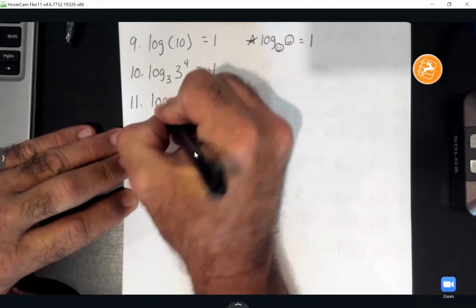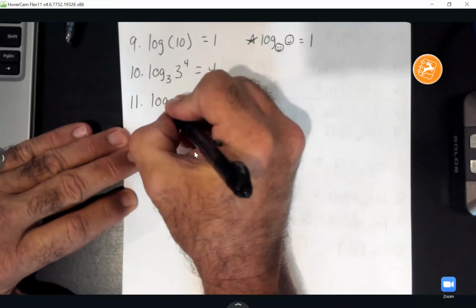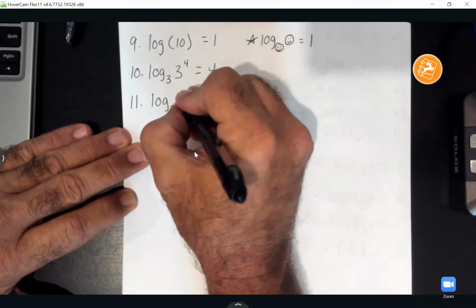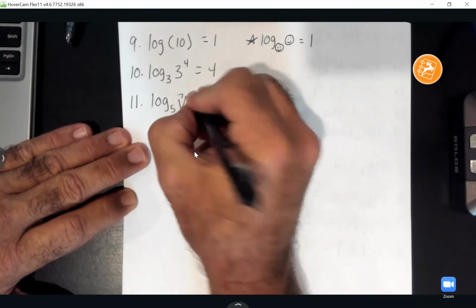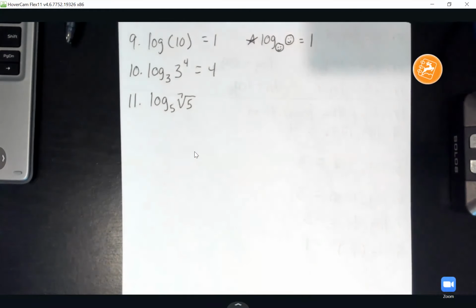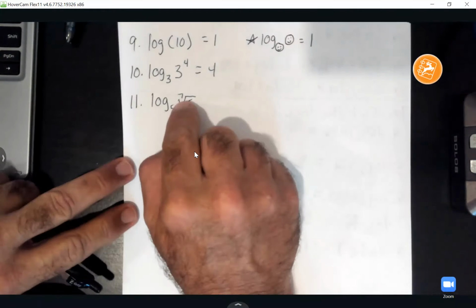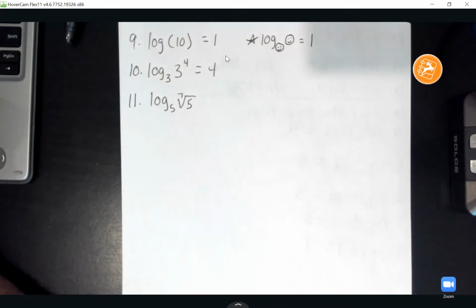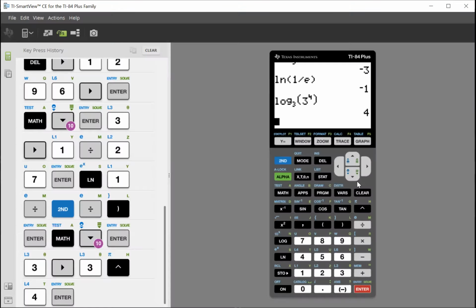All right, y'all, log base 5 of the 7th root of a 5. So now we got to learn how to put in these radicals. So watch what I do on my calculator. Let me clear everything off real quick.